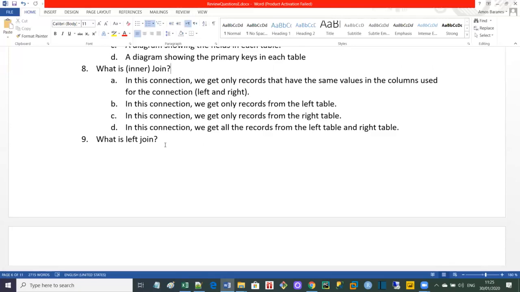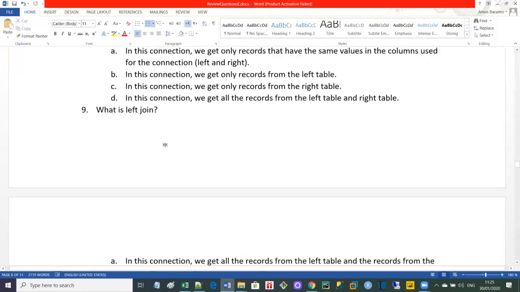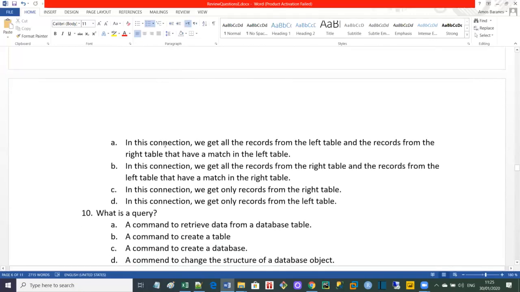If I use a command like select star from table A left join table B, it will show me all the 100 rows of table A. It doesn't matter if the row in table A has a match in the column of connections with table B. On the other hand, from table B, it will show only the rows that have a match. In other words, here I used left join to make sure that I will see all the rows in table A. Okay, the rest are meaningless, so I will skip them.